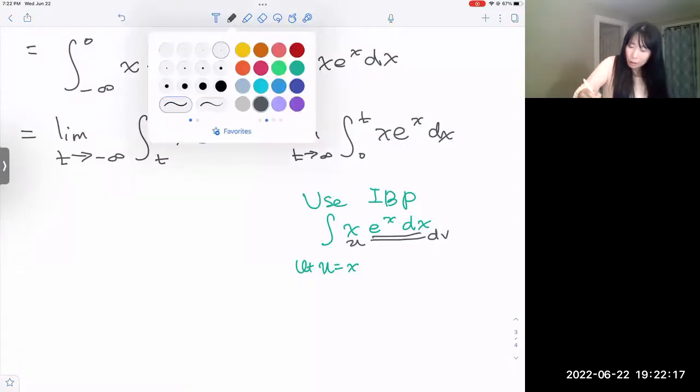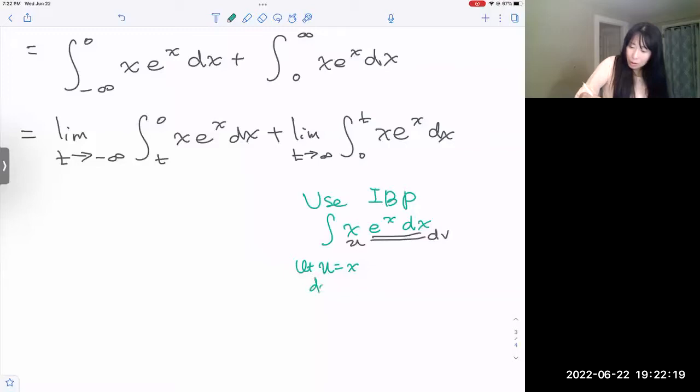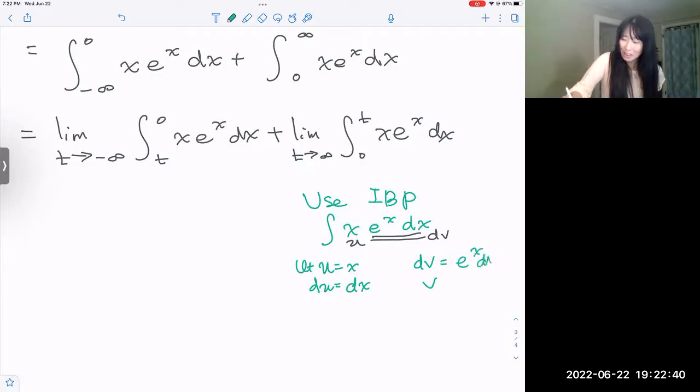All right, then we have the derivative. What do you get? Derivative of x, 1 dx, good. Now we have a dv, but we want to find the v. Let me write that first: e^x dx.